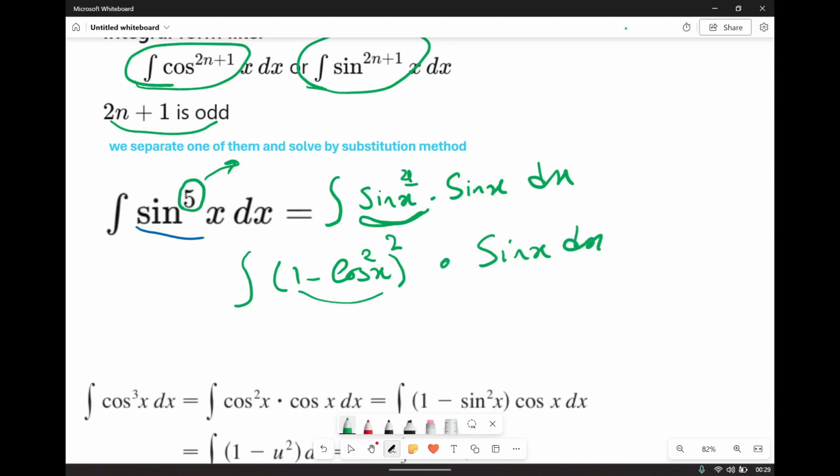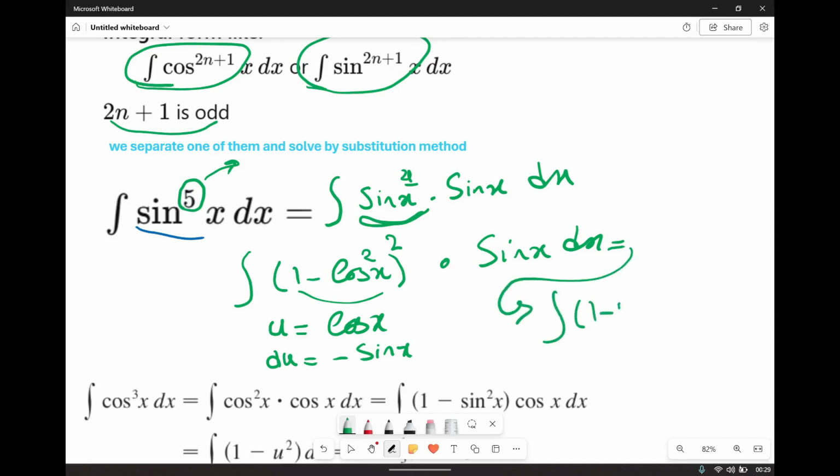And if I put u as cosine x, the derivative is minus sine x, am I right? Right now, if I change these, it is the integral of 1 minus u power 2, and this exactly is minus du, yes? And minus du, I put the minus outside.